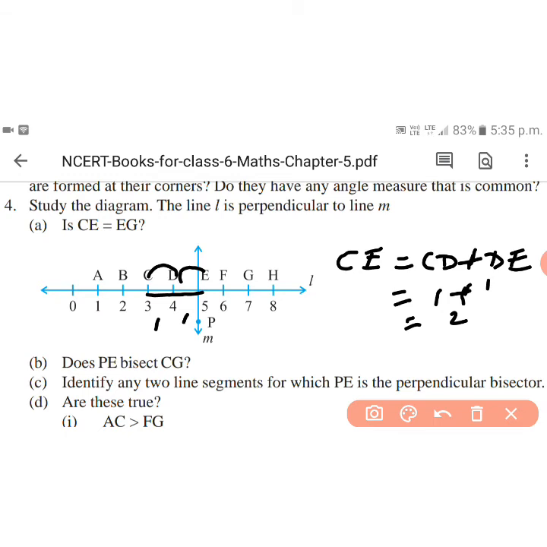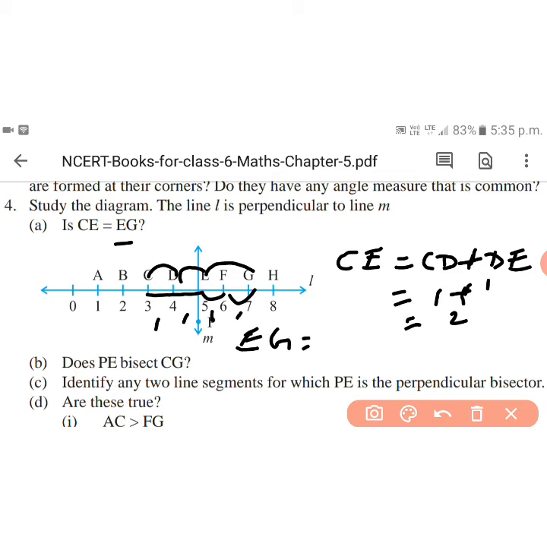Then we have to find EG. EG equal to EF plus FG. EF is 1 and FG is 1. 1 plus 1, 2.